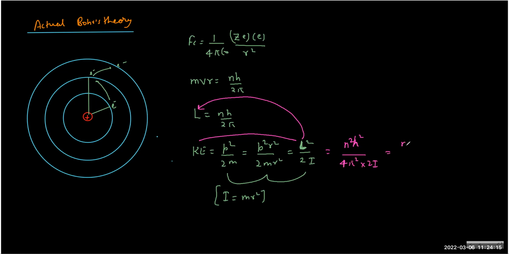Now let's substitute that also. n square h square upon 8 pi square m r square. When I say r, it means the nth orbit. Because n is the general quantum number, we can add the nth orbit.